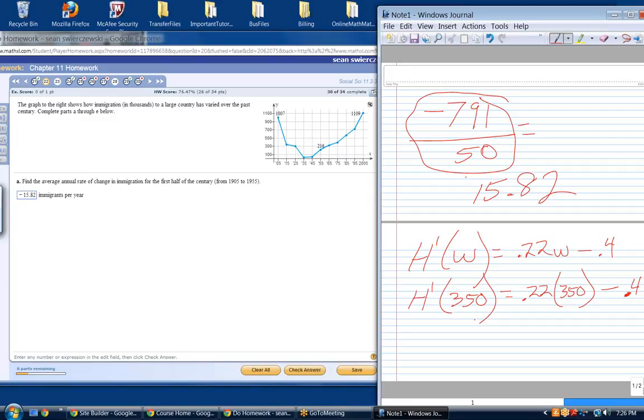How can it not be negative? How many chances do we get here? 3 or 2, and we've taken 1? Yeah, we can just try it. Just 15.82. But that doesn't make any sense. It can't be positive.